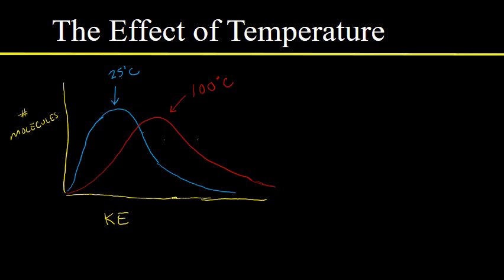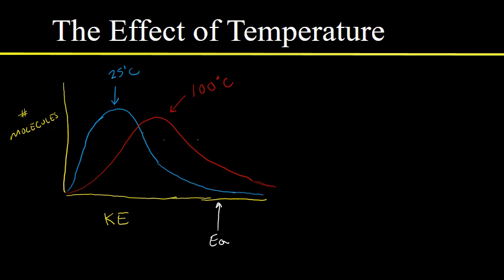Now, what that has to do with reaction rates is, you remember that there was that activation energy that had to be overcome by the molecules, and that activation energy comes from the energy of those collisions, right? So if the activation energy is here, and remember we've got kinetic energy on the x-axis, low kinetic energy over here, and higher kinetic energy over here, right?